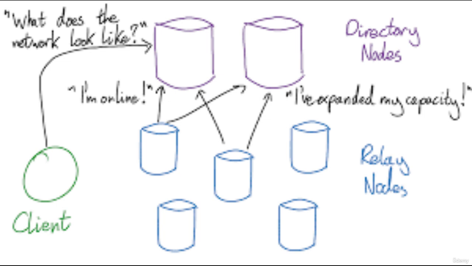Tor works in the middle between attacker, user and destination. First the user goes to the Tor network, and the attacker targets the user before they go to Tor.